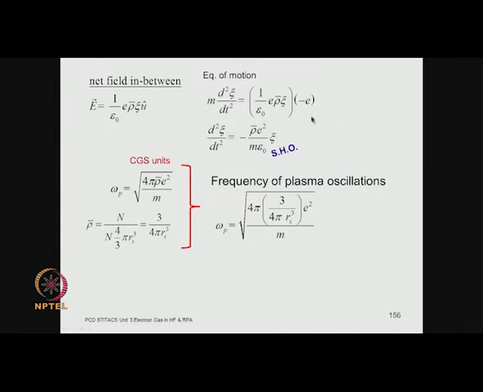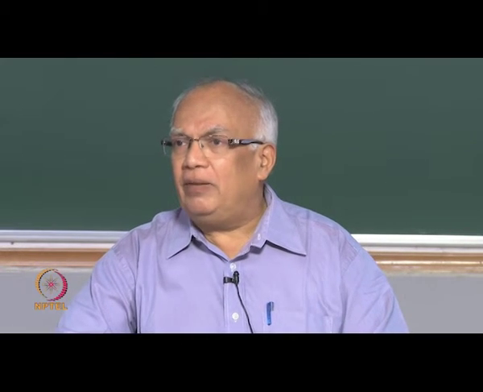You can put this in the expression for the frequency coming from the solution to this differential equation for the simple harmonic oscillator, and you have this relation. You can see that the 4 pi will cancel and you have your plasma frequency given by root of 3 e squared by m rs cubed. rs is the average radius of the average volume occupied by every electron.